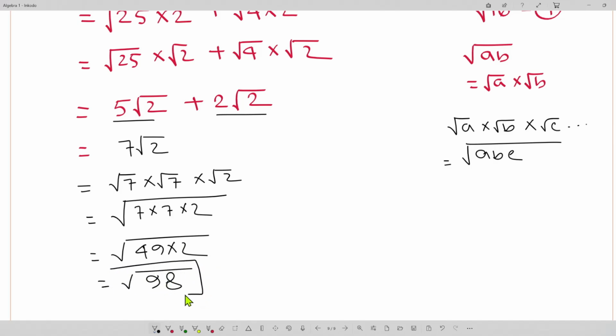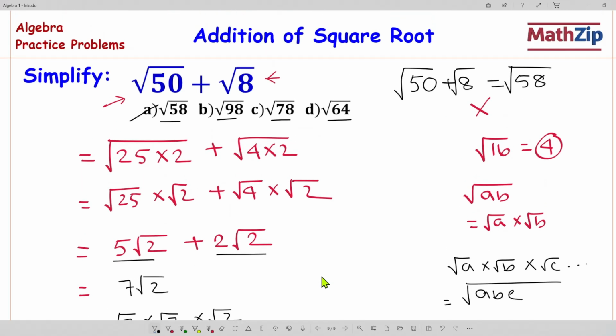Okay, and this is our correct answer. So be careful about these kinds of summation, adding under the root is not possible. So our correct answer is number B, which is root 98.